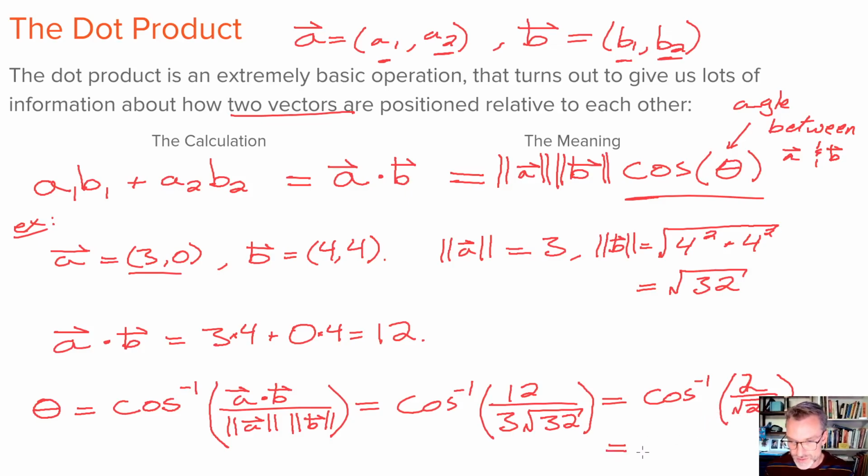This is indeed going to give you a 45-degree angle, but now I'm going to write it in terms of radians. This is pi over 4. Like this. Okay, which is exactly what we expected to see.